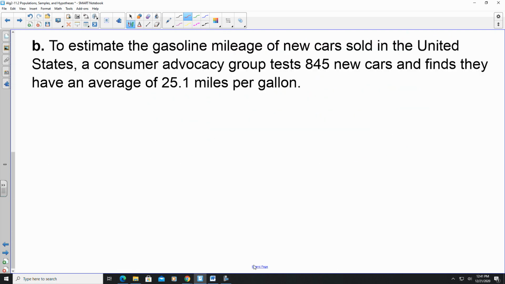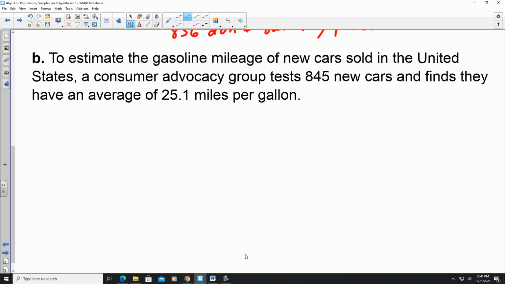Here, they're asking the same question: identify the population and the sample. It says to estimate the gasoline mileage of new cars sold in the United States, a consumer advocacy group tests 845 new cars and finds they have an average of 25.1 miles per gallon.